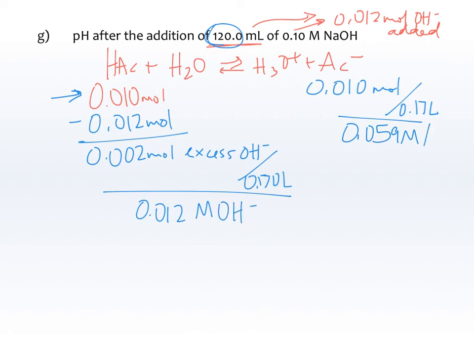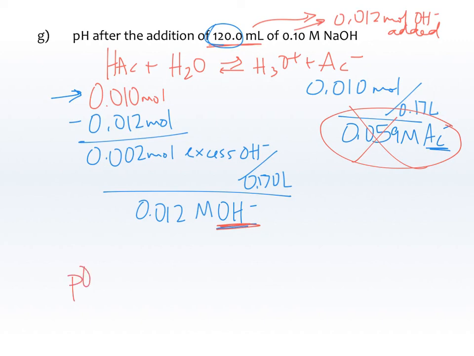But Ac minus is a weak base, and OH minus is a strong base. Ac minus is a weak base because it will on its own produce some OH minus when it reacts with water, but OH minus is OH minus. So this is now insignificant. It doesn't matter. It's negligible. I don't care about it anymore because now I have a strong base, and the strong base is going to be the thing that does it.